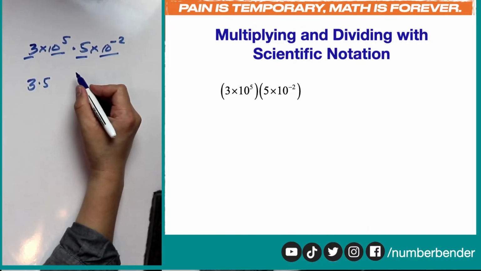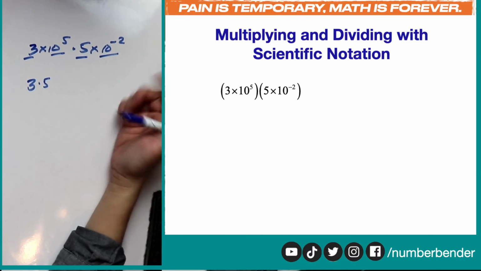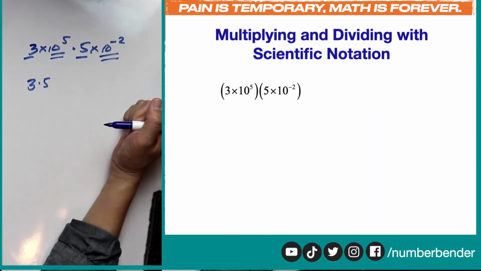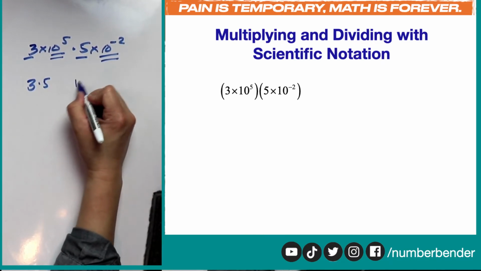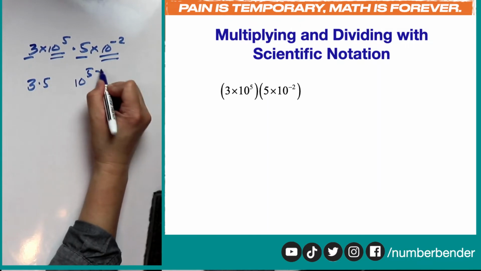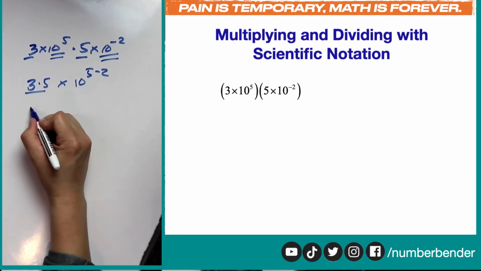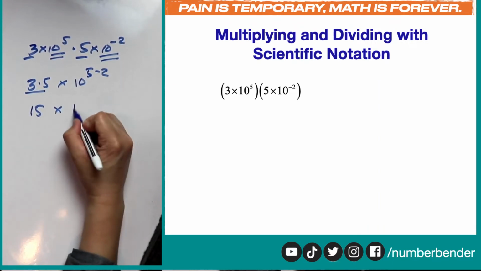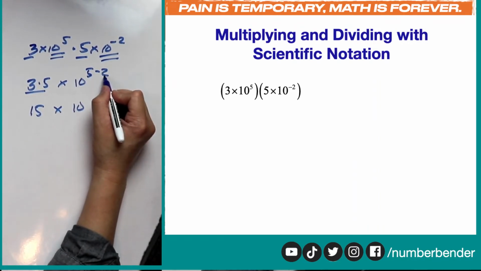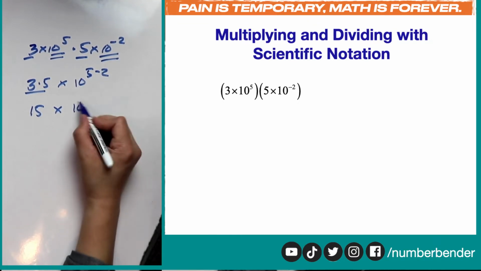And when we multiply powers of 10, we simply add our exponents. So we'll have 10 raised to 5 minus 2. If we simplify this, 3 times 5 is 15 times 10 to the 5 plus negative 2, and 5 plus negative 2 is simply 5 minus 2, or 3.